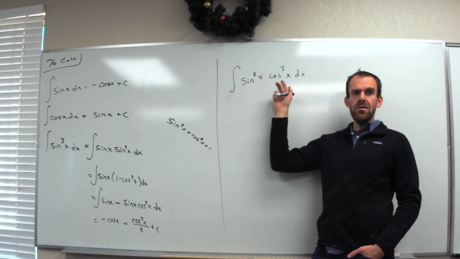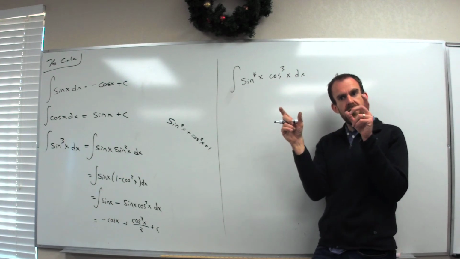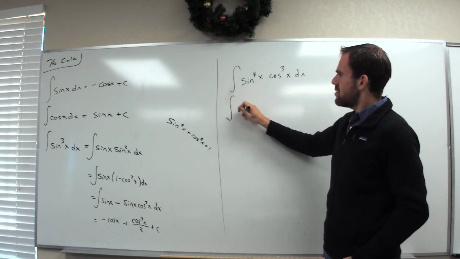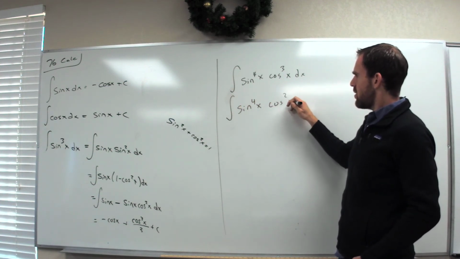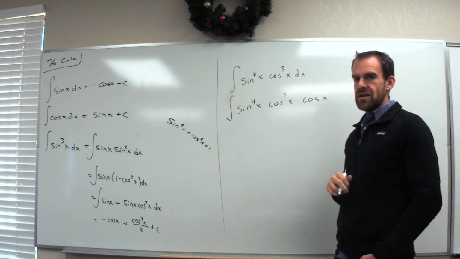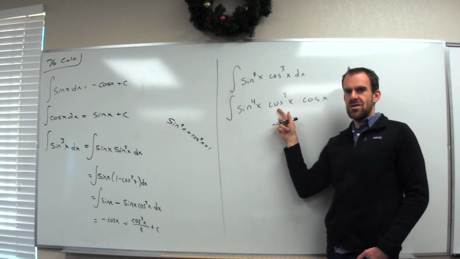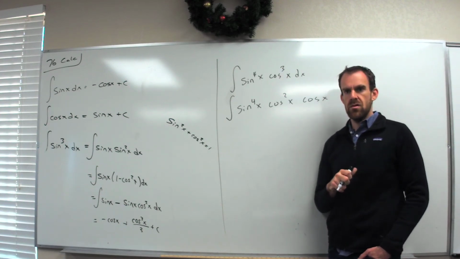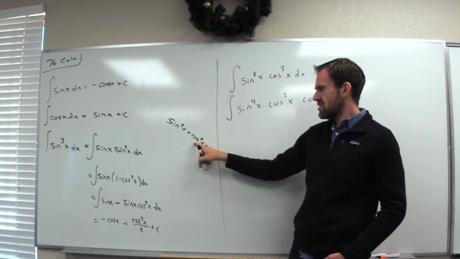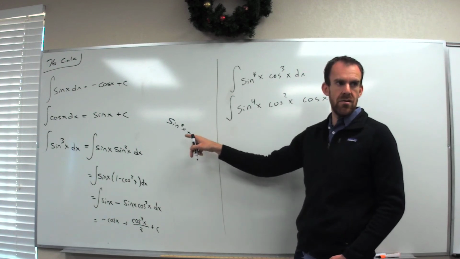I'm going to take the cubed power and split it into a squared and then the regular one. What is cosine squared? Cosine squared is 1 minus sine squared.